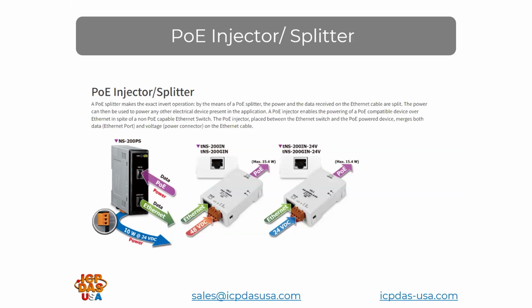The PoE injectors do almost the opposite, where a standard Ethernet cable comes in, then you power the PoE injector with either 48 or 24 volts, depending on which model you choose, and it will output 15.4 watts of PoE on the Ethernet cable coming out of it.